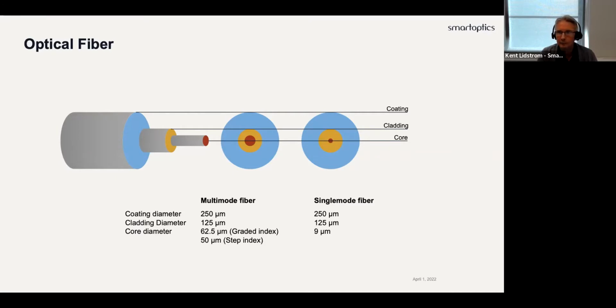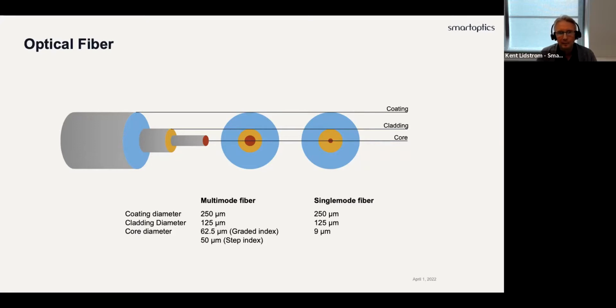That's the cover for the fiber, because it's very easy to break a fiber if it's naked. The coating can be of different sizes as well, depending on whether it's a patch cord that you use within a data center, or a fiber that you put into the ground, where the coating will be much, much thinner. So that's the basics.